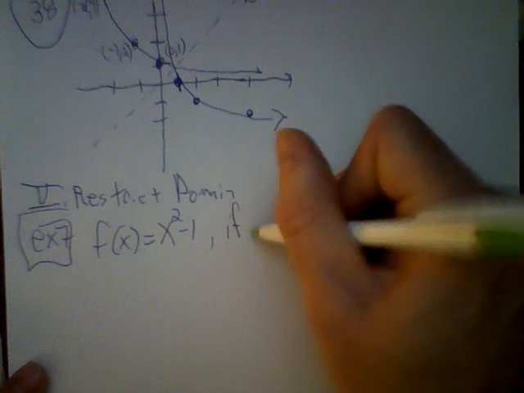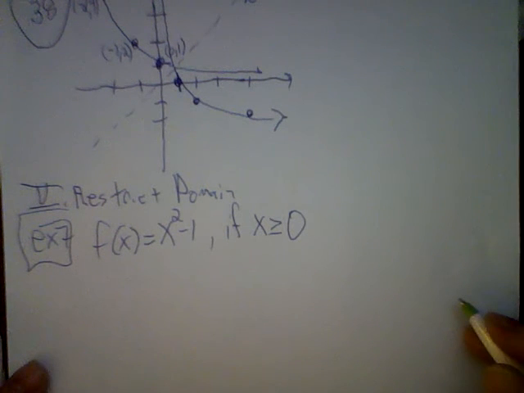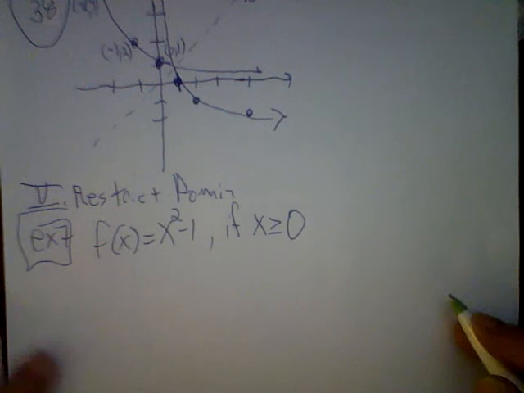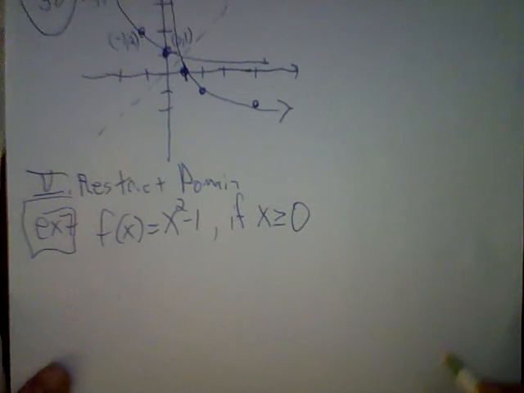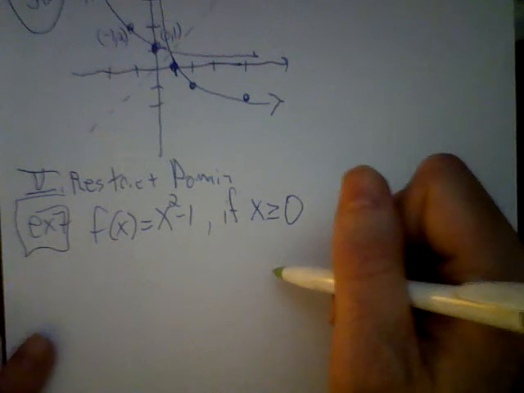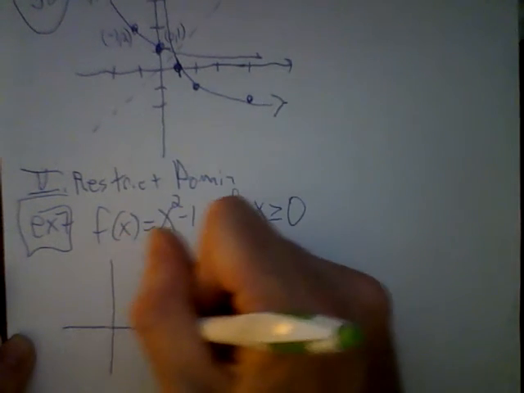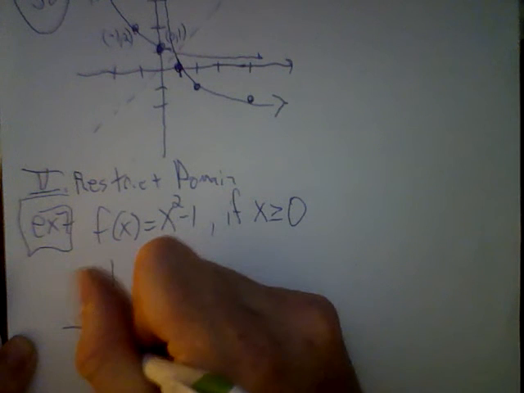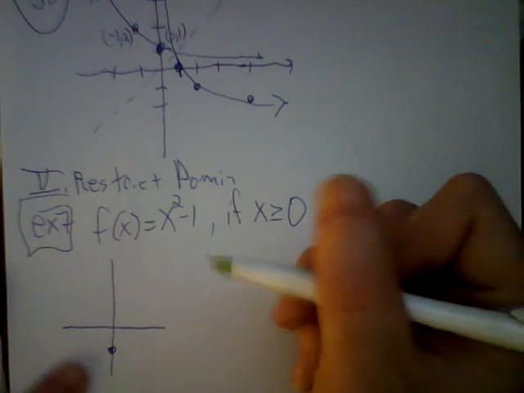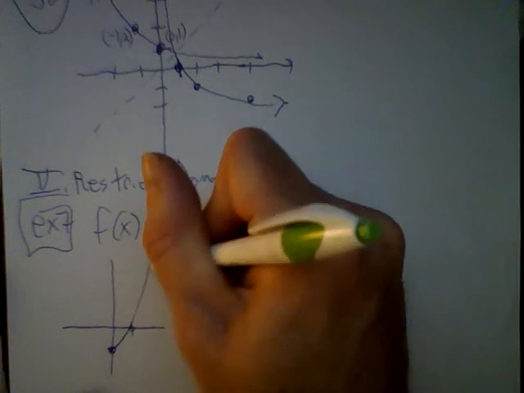And this time we're going to restrict the domain from 0, including 0, to infinity. Okay? So when that's the case, the graph will just be one side of the parabola. Okay, so it'll just be this side here.